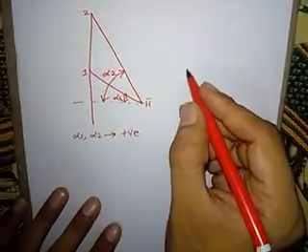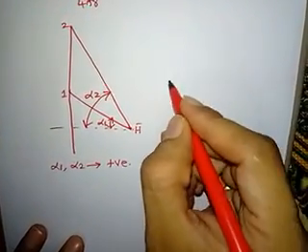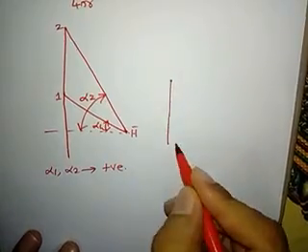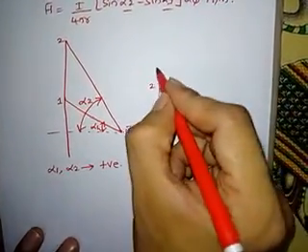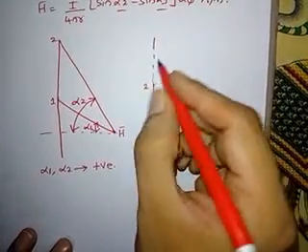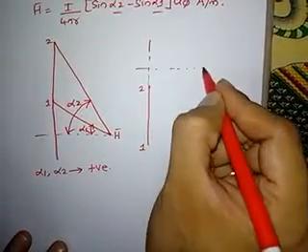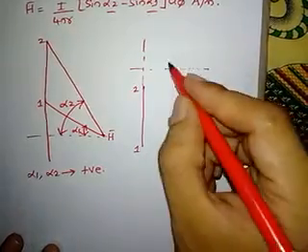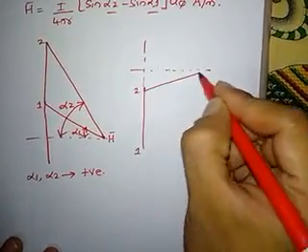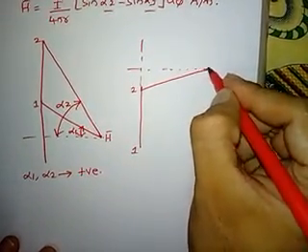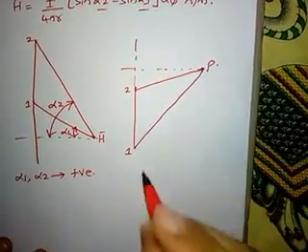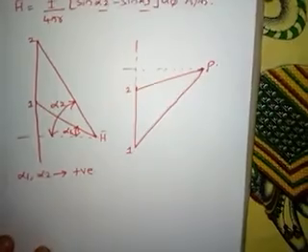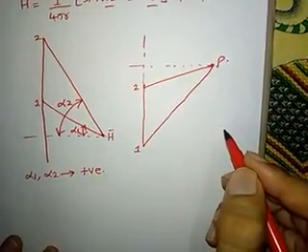Let us consider the second case. Here I am drawing the conductor like this. This is 1, 2, and this is where I want to find the magnetic field intensity. Then I am joining the conductor ends and the magnetic field intensity point.